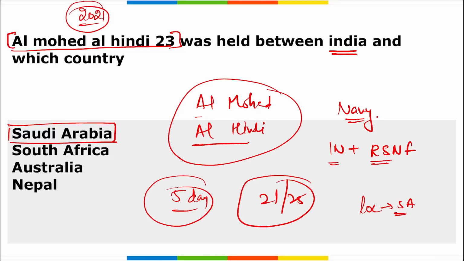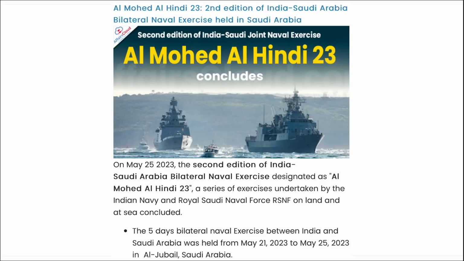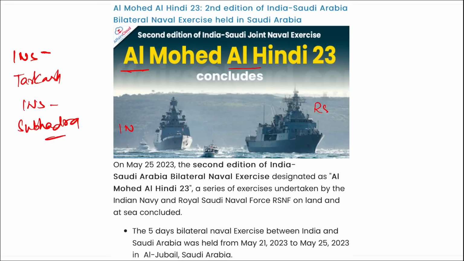From the Indian side, it is INS Tarkash and INS Subhadra. These are the two Indian naval ships that took part in this Al Mohad Al Hindi exercise between the Indian Navy and Royal Saudi Naval Force.